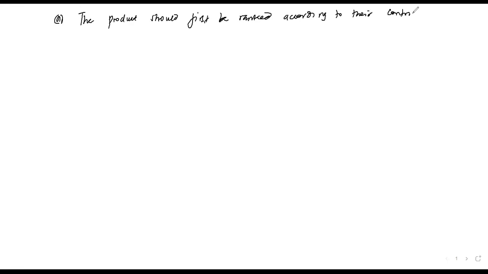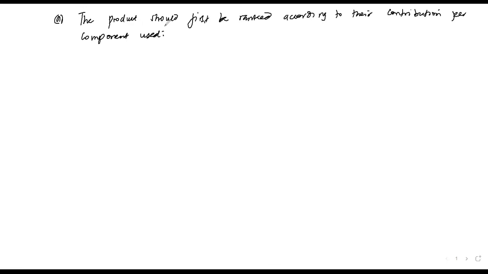So remember, for part A, to come up with a product mix, we say that the products should first be ranked according to their contribution per component used.